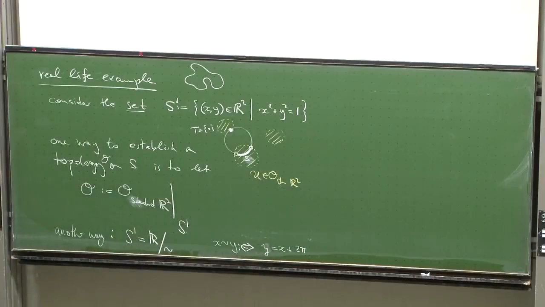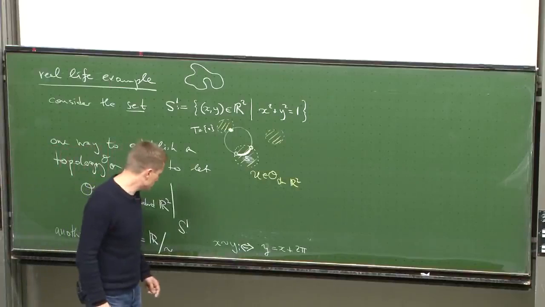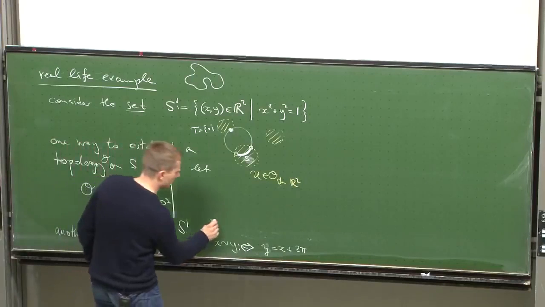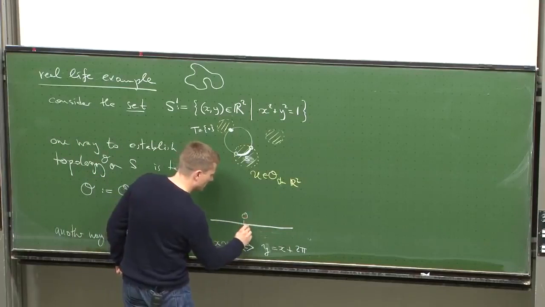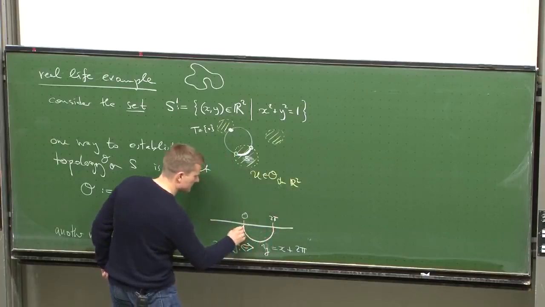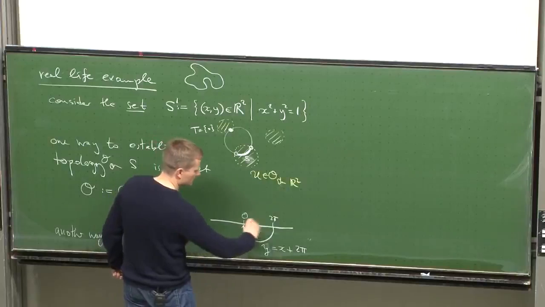So any two points whose difference is 2 pi are to be identified. That means you take the real line, you start with 0, but the point 2 pi is to be identified with 0. And so you start again.